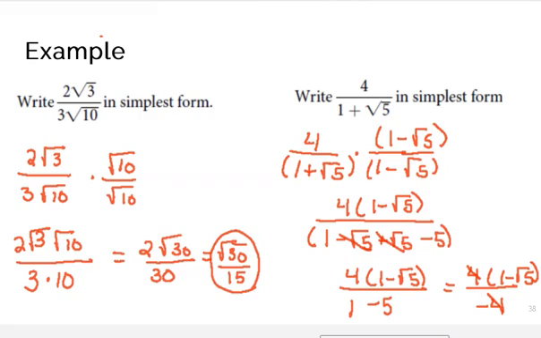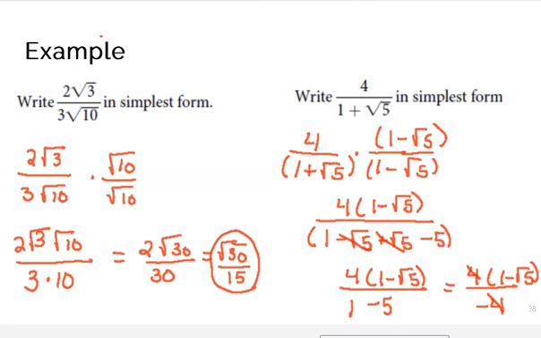And all we're doing is, if this is negative 1 minus square root of 5, I can rewrite this, and imagine you're just multiplying each by negative 1. So it'll be negative 1 times 1, which is negative 1, and negative 1 times negative square root of 5, you'll get positive square root of 5. And I like to put my positives in the front, so I'm going to rewrite this as positive square root of 5 minus 1. And in this case, this will be our final answer.